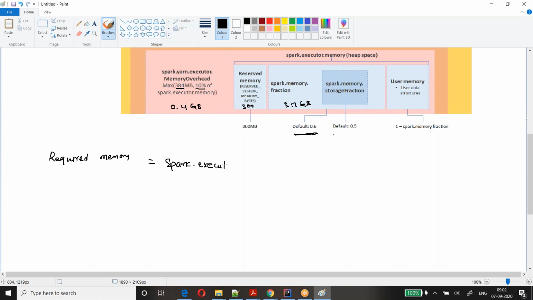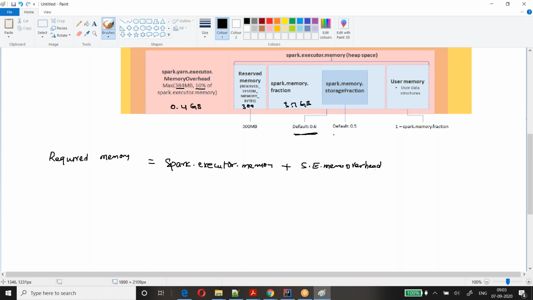If anyone wants to make a note, please make a note. This is spark.executor.memoryOverhead.